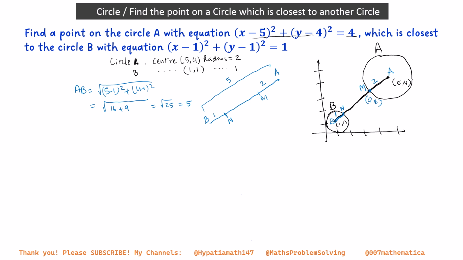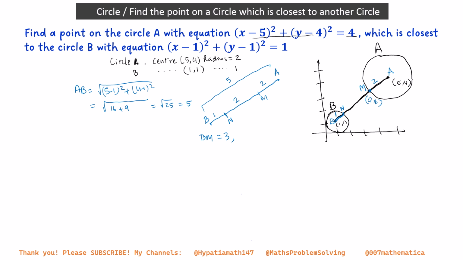So you see MN would be 2 plus 1, 3, 5 minus 3 is 2. So BM would be 3.